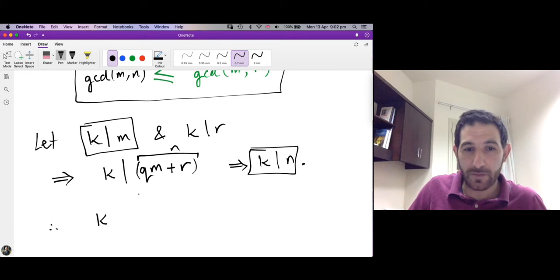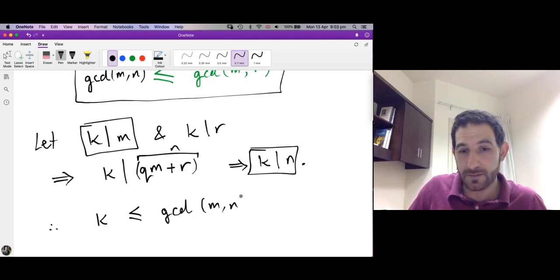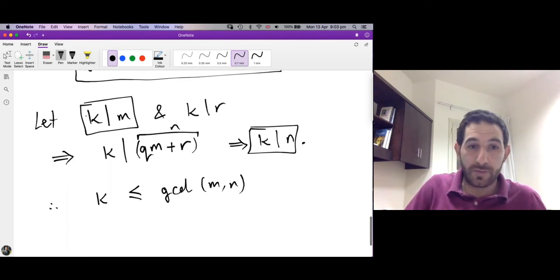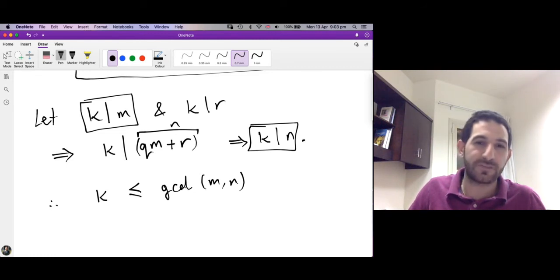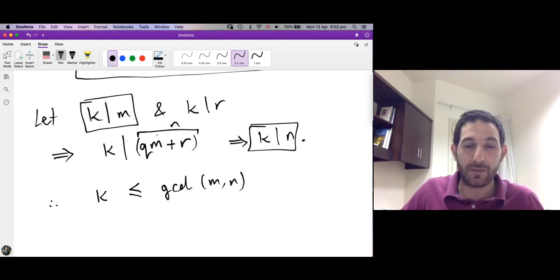So K is a common divisor of m and r, and then we showed that if K divides m and divides r, then it divides n, which means it's a common divisor of m and n.